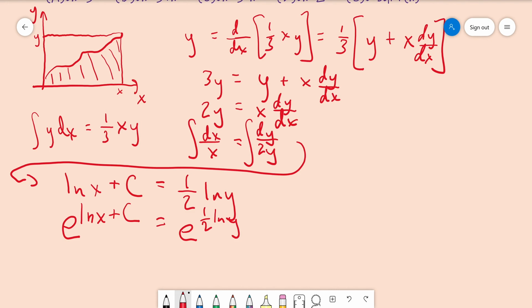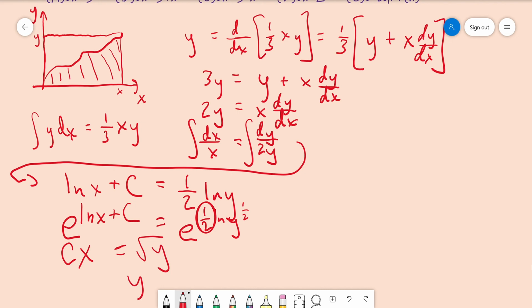Well, e to the log of x plus c, that's the same thing as e to the log of x times e to the c. e to the log of x is just x, and e to the c is still another constant, c. And then we get e to the 1/2 log y. Well, from the properties of logarithms, we know that this 1/2 can go up on top of the y here. So it's like e to the log of the square root of y, which is just square root of y.